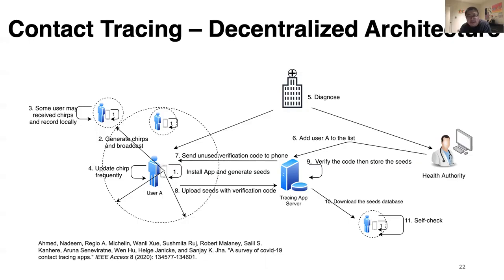So this figure is based on the private automated contact tracing protocol. It does not require app users to pre-register before use, thus avoiding the storage of protected health information or personal protected information on the server.